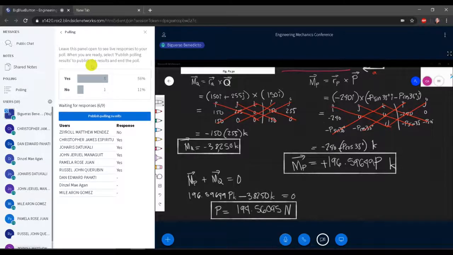Okay? Inikot lang natin yung moment mabuti para hindi natin siya makakalimutan, no? Umuusok-usok na. Kaya pa, isa na lang. Okay? Isang problem na lang.